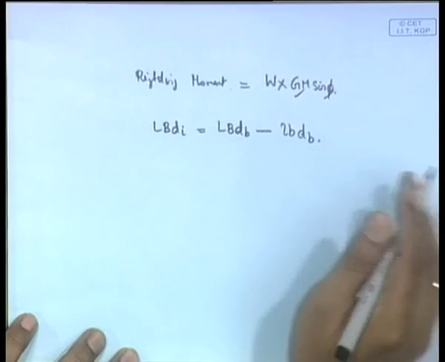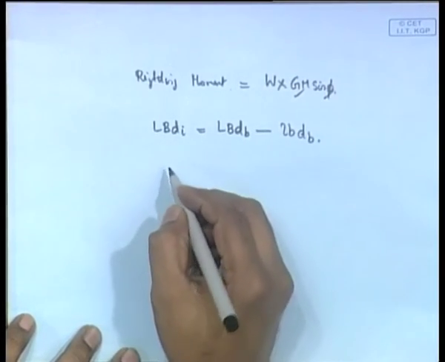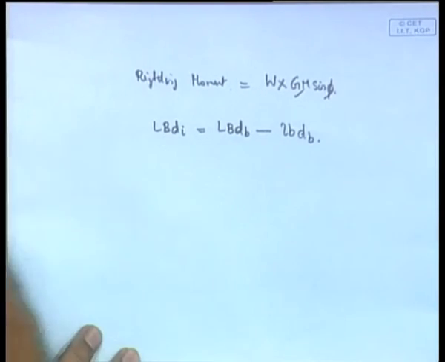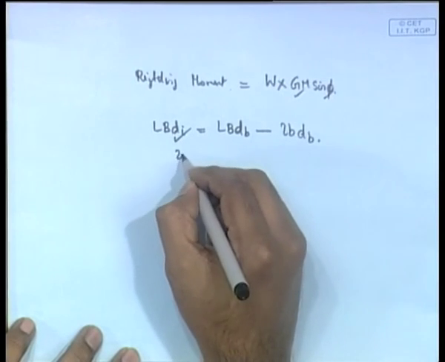Then once you have this, LB into D initial is equal to this. L is given as 80, capital B is given, depth is not required, and the draft is 2 meters. So D initially is 2 meters.